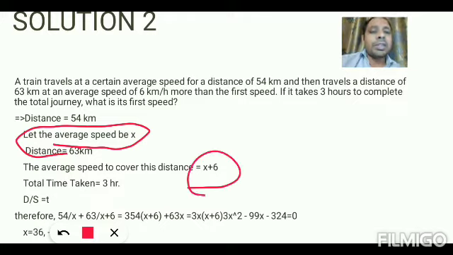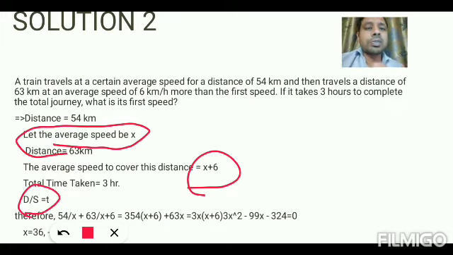We know that distance upon speed equals time, therefore we can write, and the total time taken by the train is given as 3 hours. It completes 3 hours for the total journey. Therefore, for the first case we can write 54 upon x, and for the second case we can write 63 upon x plus 6, right? And that equals 3.